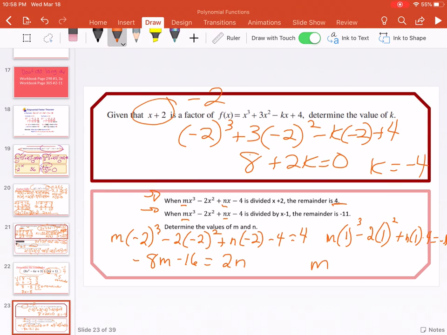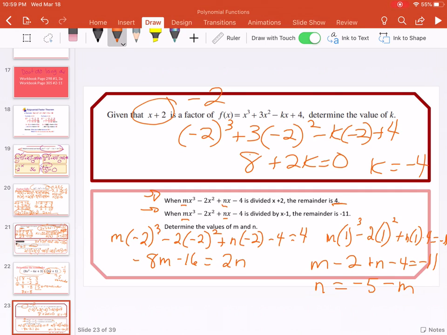So I have m minus 2 plus n minus 4 equals negative 11. Again, I'll collect like terms, and I end up with n equals negative 5 minus m. You can see I also rearranged because I'm going to use substitution as my method of choice here.